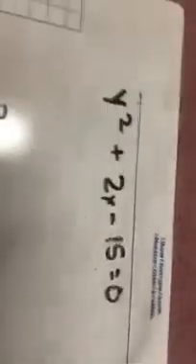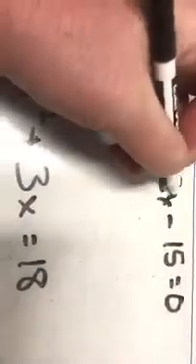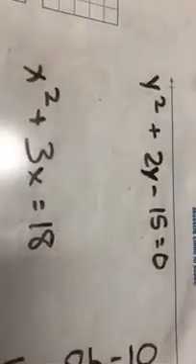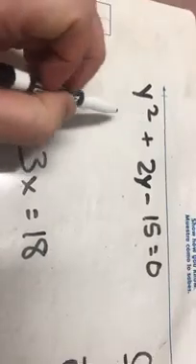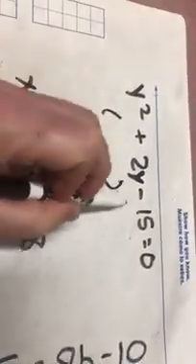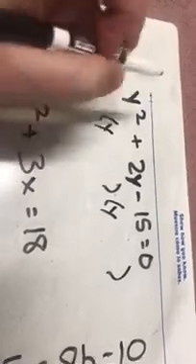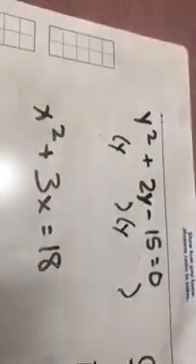Moving right along to our next example, y squared plus 2y, let's make that a little better, minus 15 equals 0. All right, well, first of all, I'm going to have to factor it like I did yesterday. Factor the trinomial. That's going to give me y here and y here for my y squared.